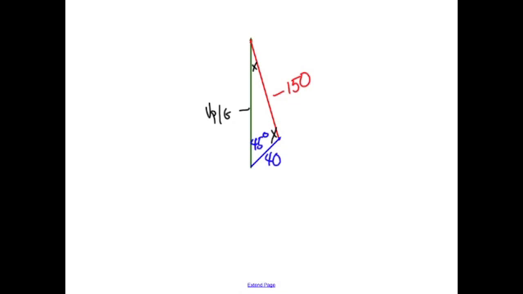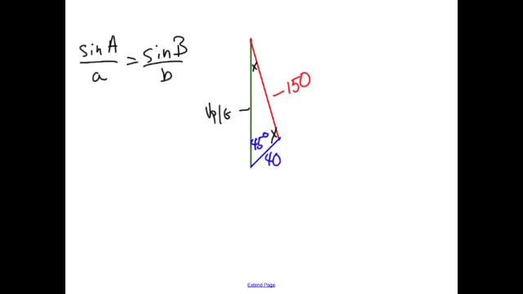Now, what we can do is use the law of sines and the law of cosines. Generally speaking, if you can, always use the law of sines. The law of sines tells me that the sine of an angle divided by the opposite side is always equal for all the ratios.